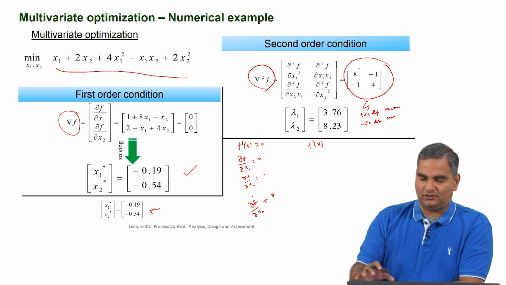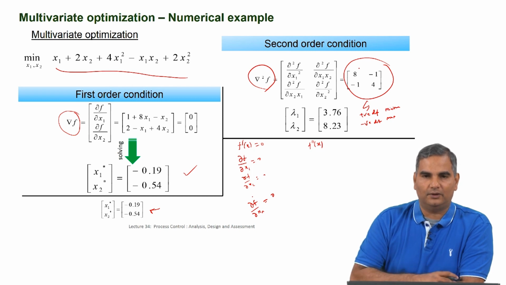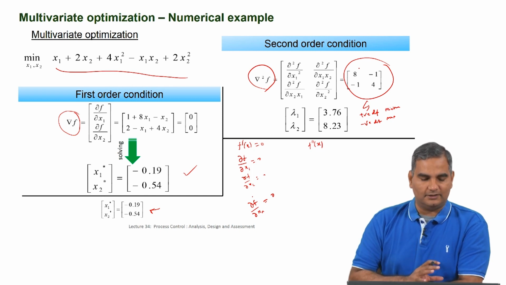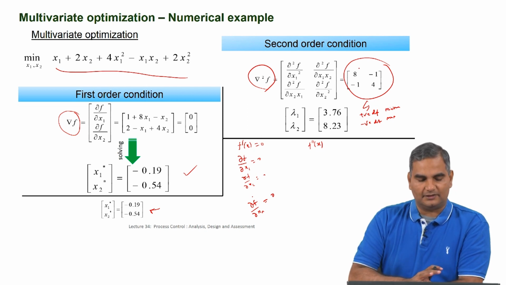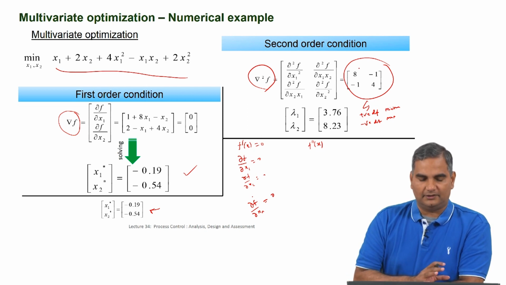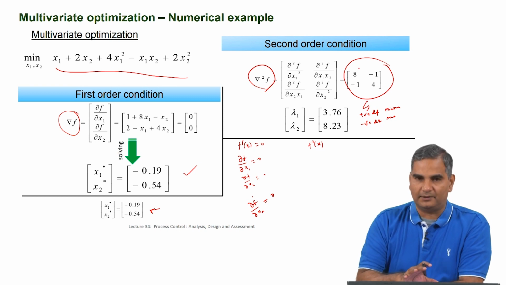So, this is just to understand that it can be done and the procedure by which software will do this, but as far as the model predictive control portion of this course is concerned, all we need to know is that we can solve this objective function when it has multiple variables.